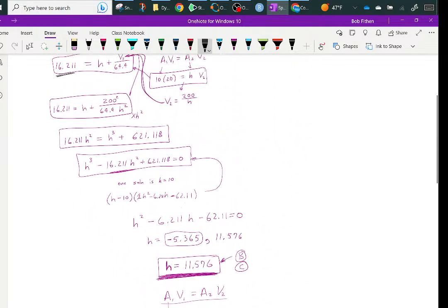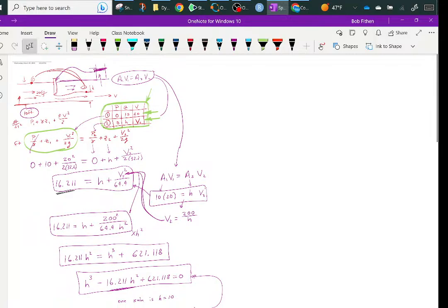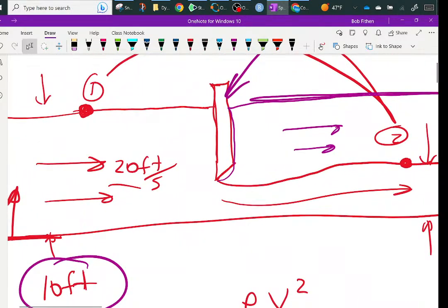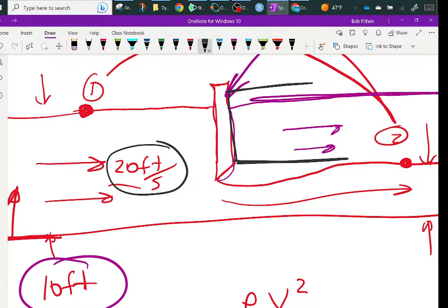Now, what's ironic is, here's what's happening. If I drop this speed down to 10, what do you think will happen? Right now there's a lot of energy, so it picks up here. But if I drop that speed down, you'll find it drops way low.